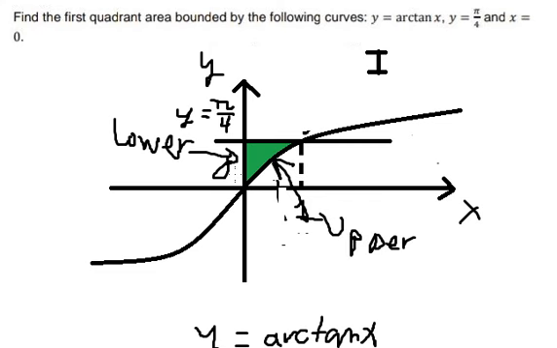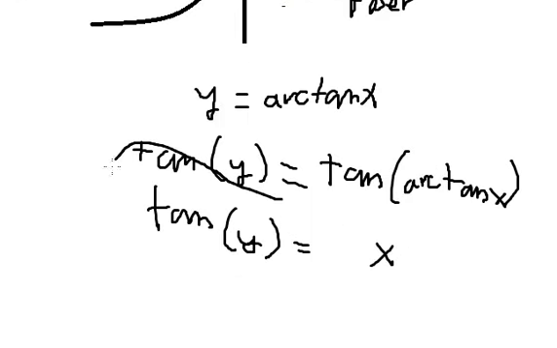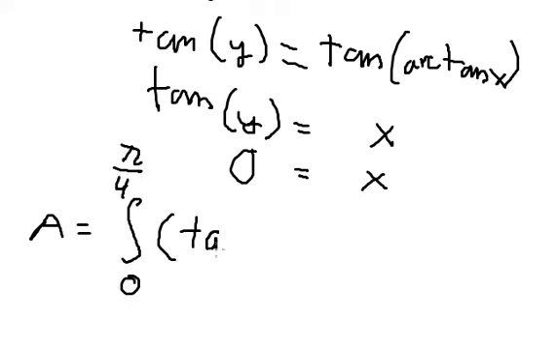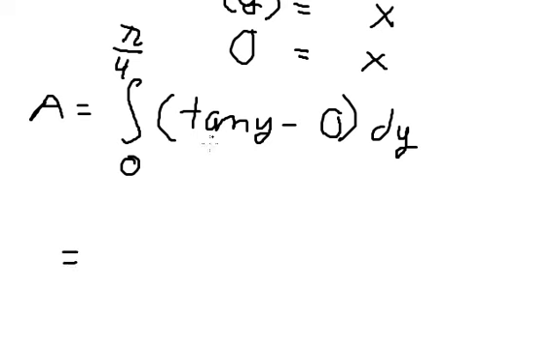So we say that we start from 0 to π/4, and we see that upper is this one, and the lower is x equal to 0, and we have the area equal to the integration from 0 to π/4, and we have upper which is tan y minus lower which is 0, dy, and we know that tan y is sine y over cosine y.